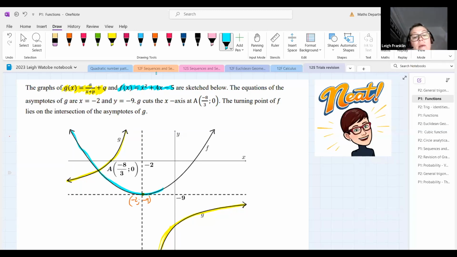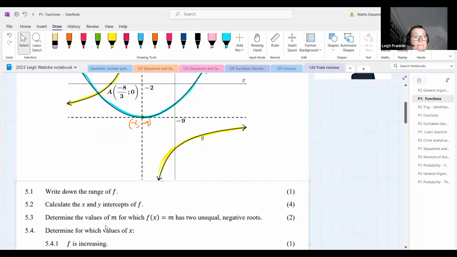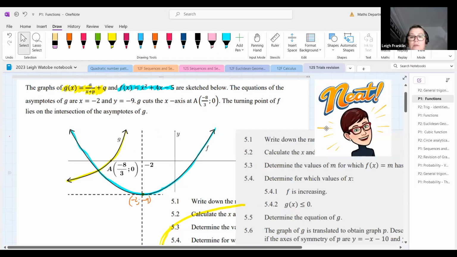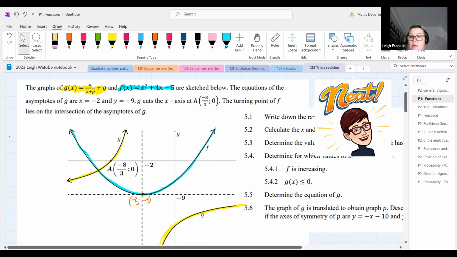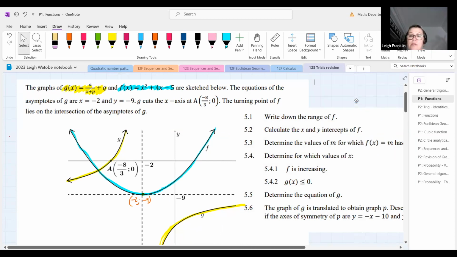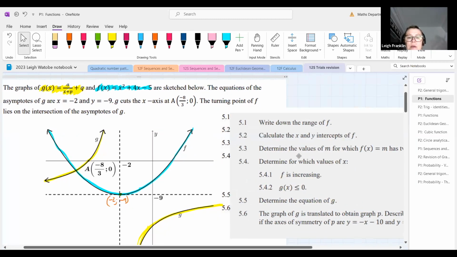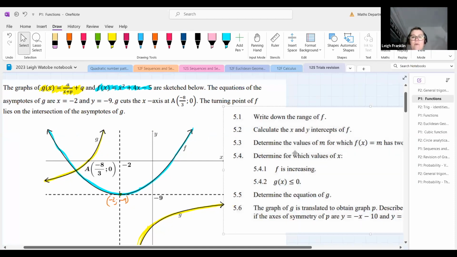And there is our parabola. Okay. I wonder if we can move these questions. Let's get rid of me because I don't need to be here. Let's see if we put these questions next to it, if it makes life a little bit easier for us.